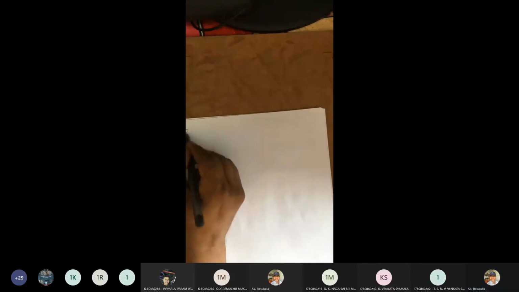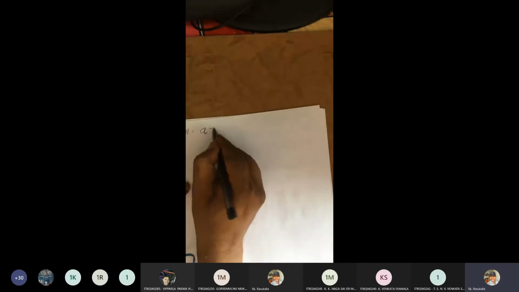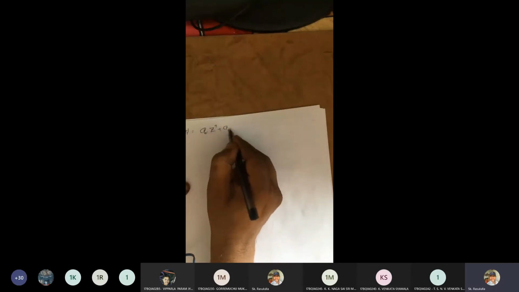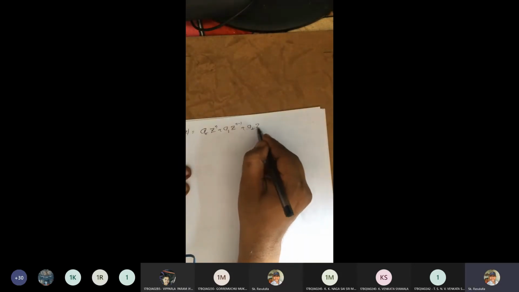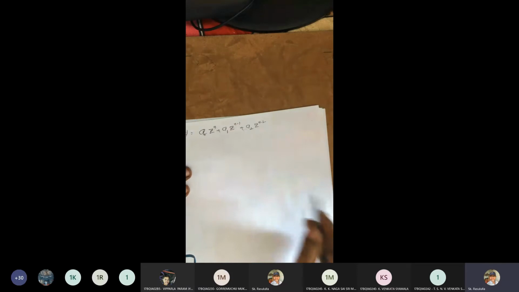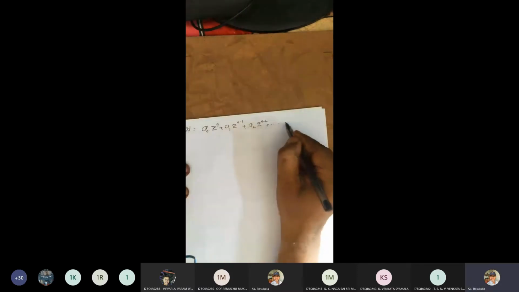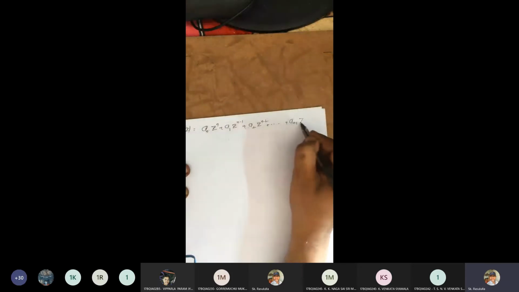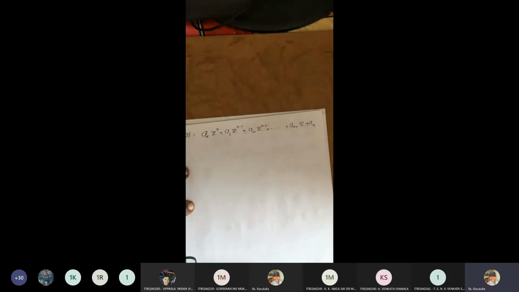Again I will write the characteristic polynomial here. P of z is equal to a0 z power n plus a1 z power n minus 1 plus a2 z power n minus 2 and so on, plus an minus 1 z plus an. Now I will form the Jury table.